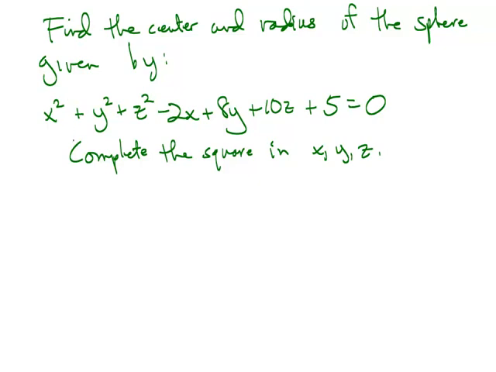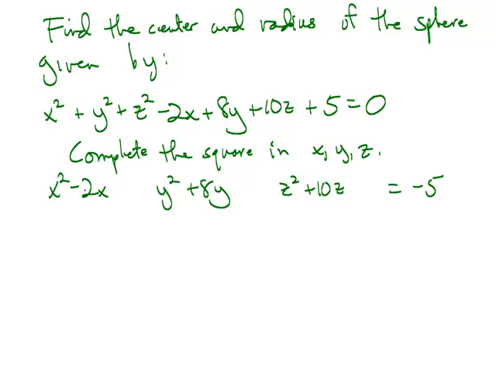So I'm going to rewrite this, grouping my variables together. So x squared minus 2x, leaving some space, y squared plus 8y, leaving some space, and z squared plus 10z, leaving some space. I'm going to throw this 5 on the other side, equals -5. Now, remember how to complete the square. We cut the coefficient on the linear term in half, square it, and add it.